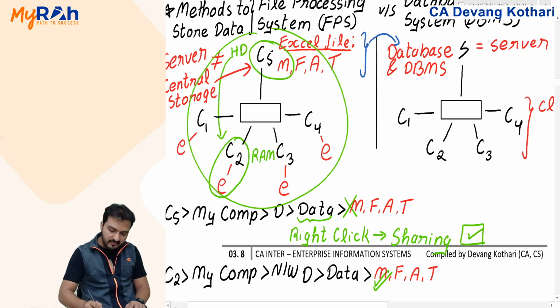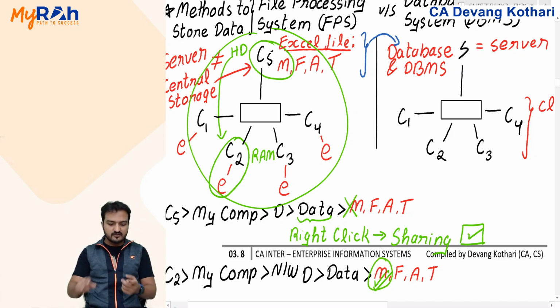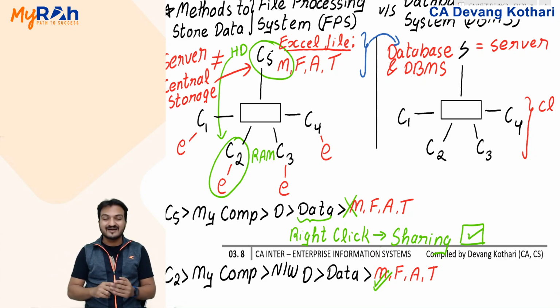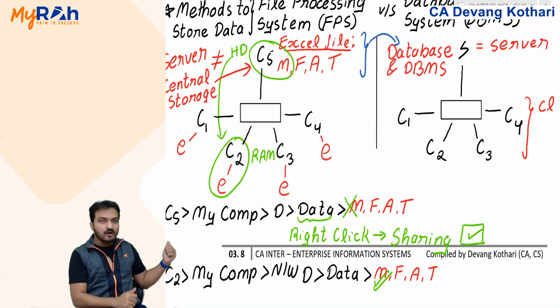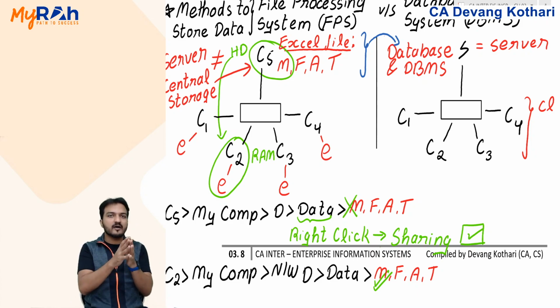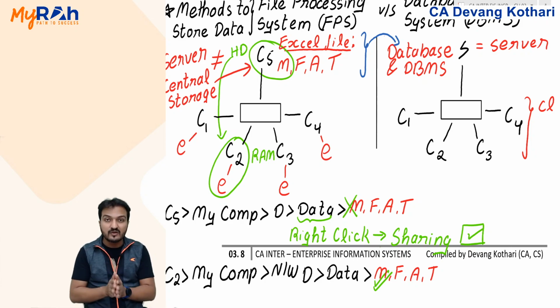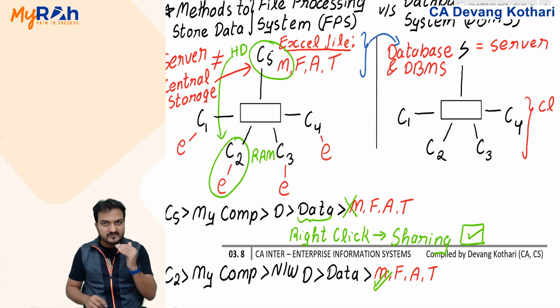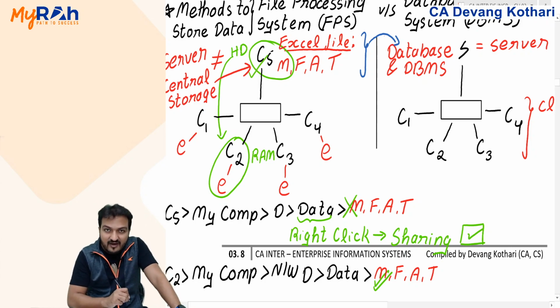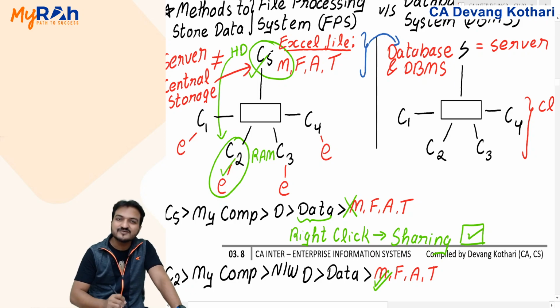The moment I double click on the master file, the data along with the program will come from hard disk to the RAM. That is the general theory. But here a little different concept applied. Yes, the data will come from hard disk to the RAM, but from which hard disk to which RAM? If I double click on this master file, the data will come from the hard disk of C5 to the RAM of C2.